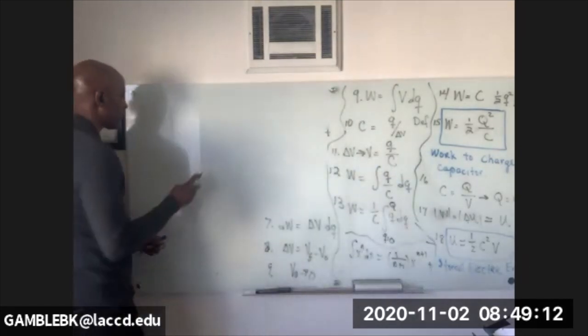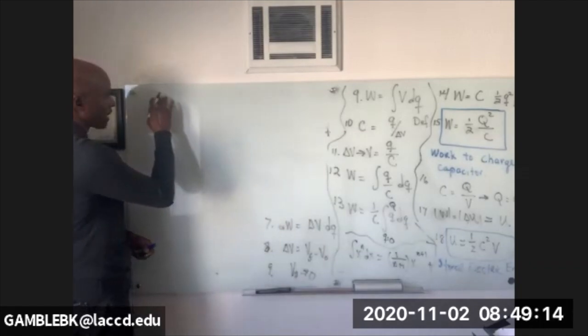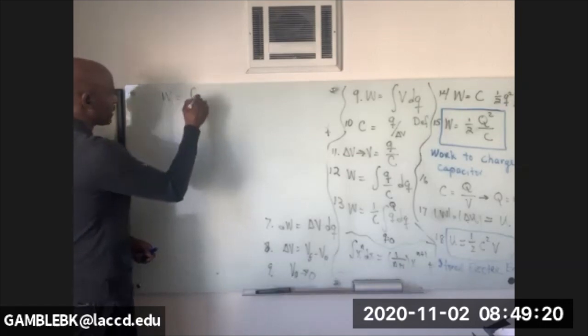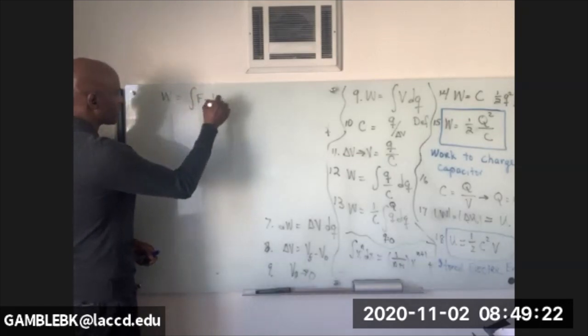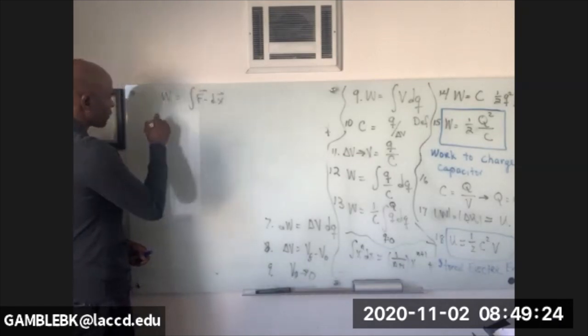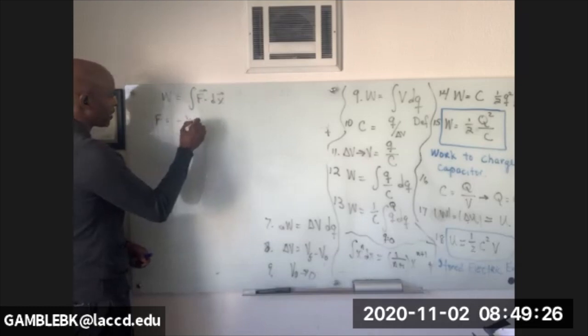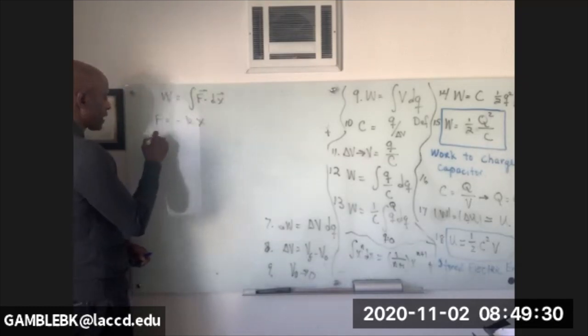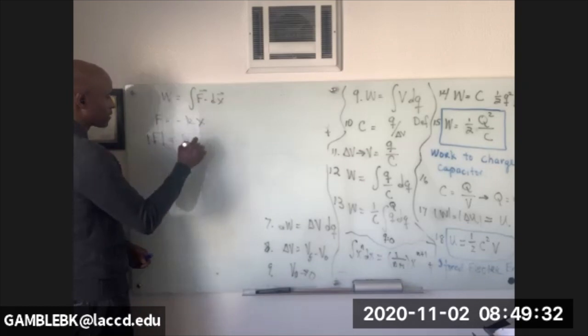You could do this integral a different way, but work is the integral of F dot dx. Remember that? But F for a spring is equal to negative Kx. Taking the absolute value, F is equal to Kx, right?